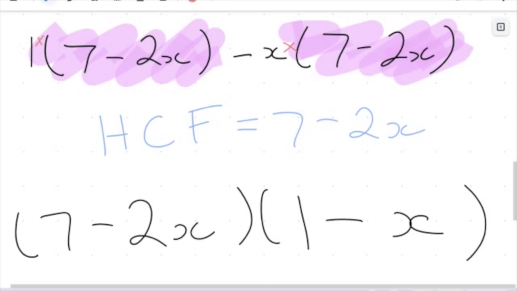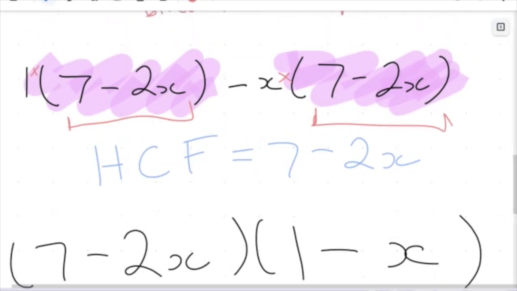So what's important to take away here is that we are approaching this the same way that we've been doing before. This doesn't need to be that scary because although we have binomial terms now, they are still the same. So this thing here, 7 minus 2x, is the same as this thing here. So we can take it out as a highest common factor.